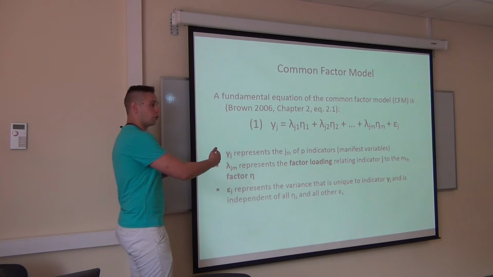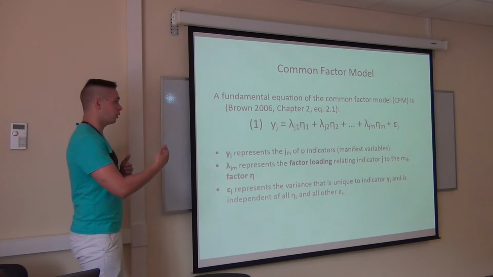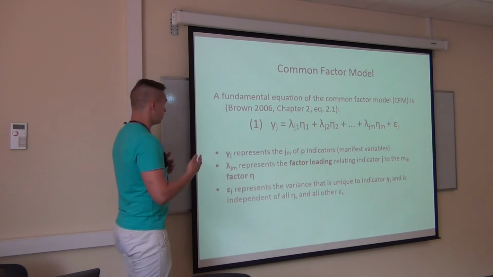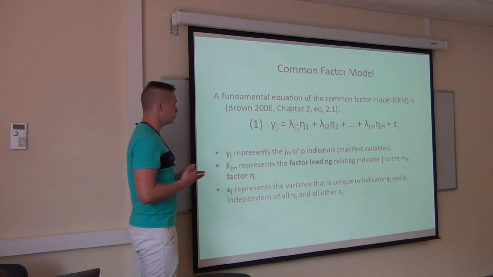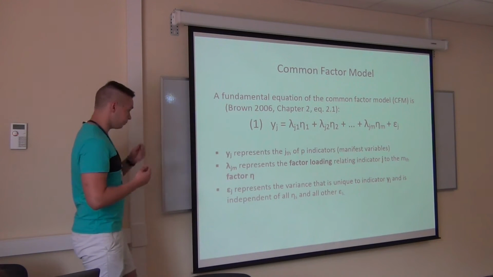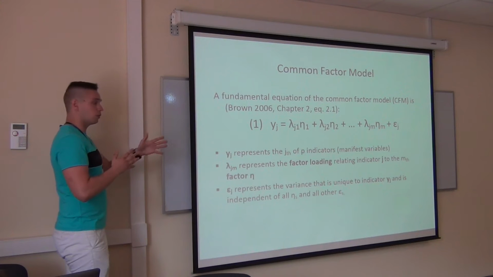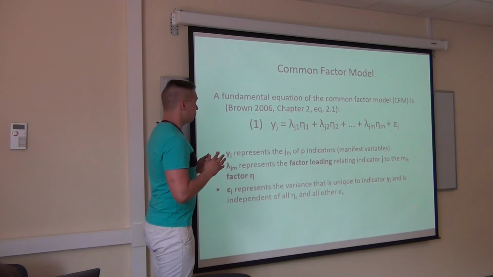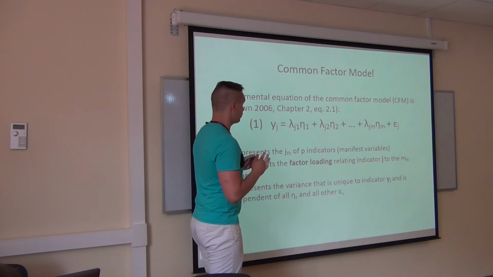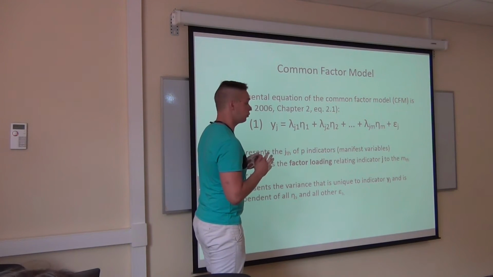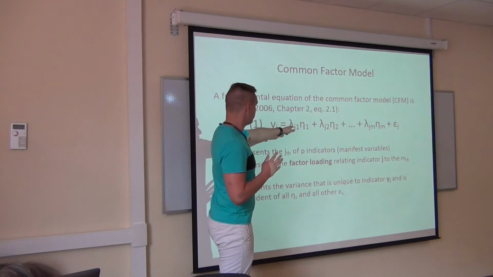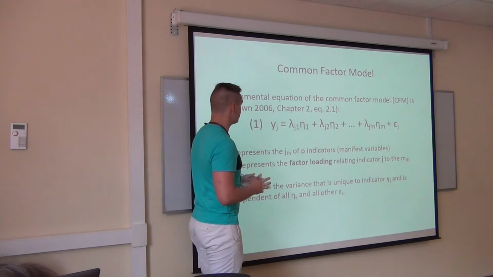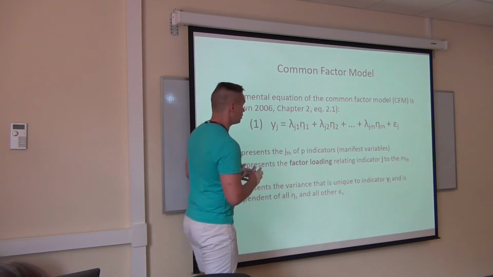P is the general number of indicators which are included in our model. So yg represents the g-th indicator or manifest variable. Both terms are synonyms. And in the right part, you see a combination of products of two elements: lambda with some lower indices and eta with some lower indices.